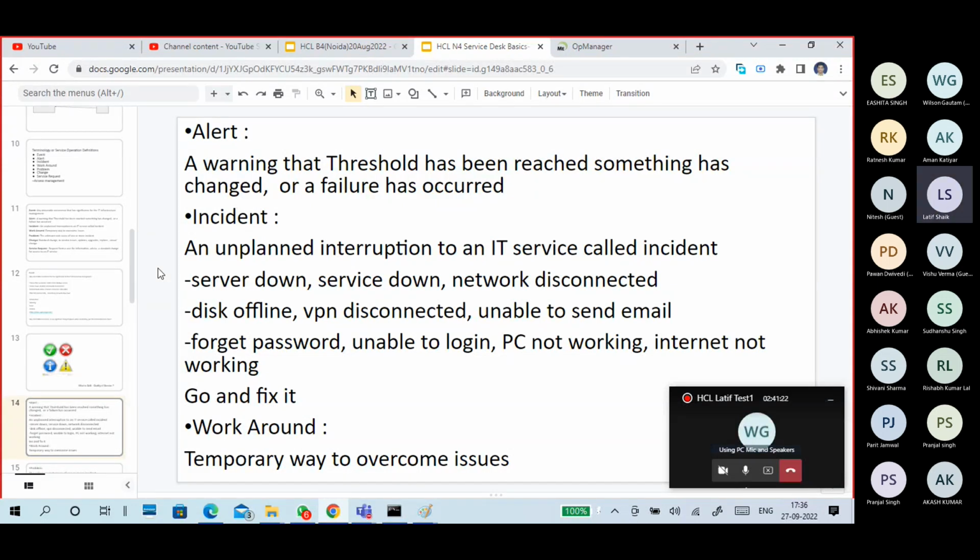Next one is incident. What is an incident? Already I told you, it is an unplanned interruption to the IT services. Incidents can be notified to the service desk from the event management alerting system, or from a user's complaint. A user raises an issue, so the incident is reported to the service desk.